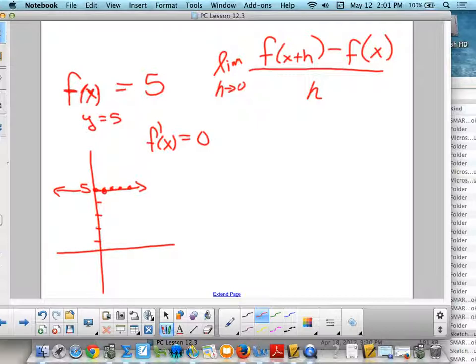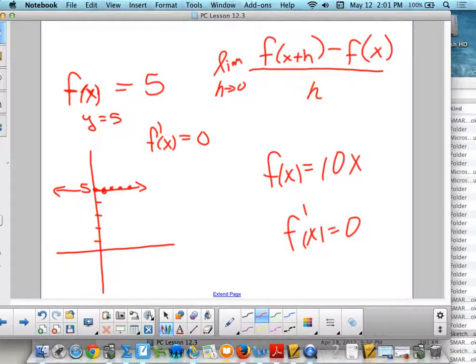If it equals a constant, then just. What's the derivative of 10? The derivative is 0. So, what's the derivative of 10x?